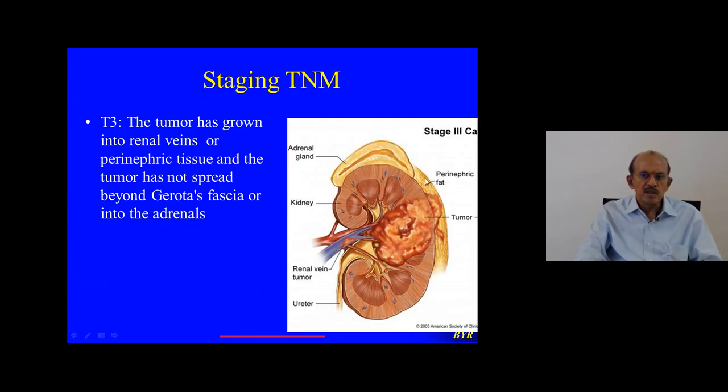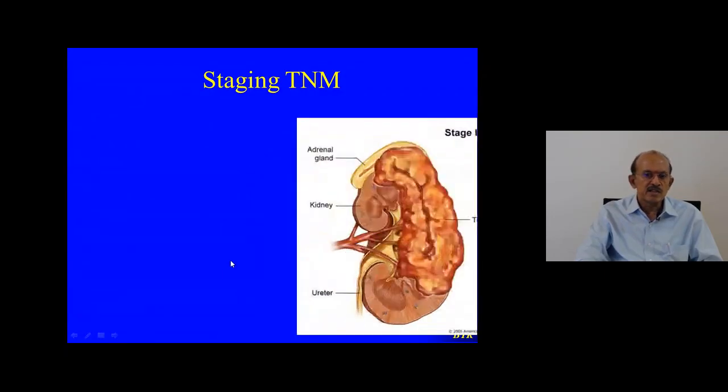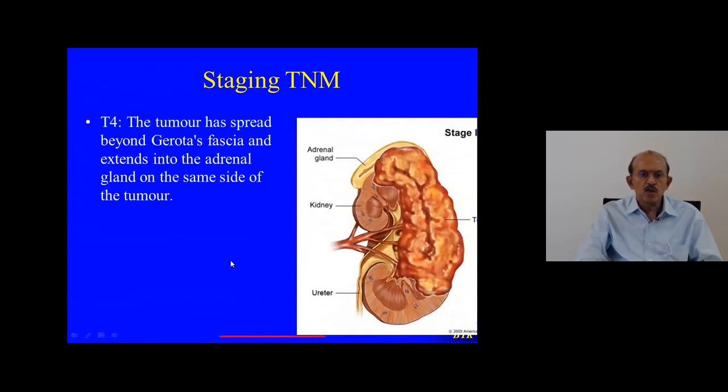So it is within Gerota's fascia, but invaded into the perinephric fat, or it is associated with tumor thrombus in the renal vein. This is T3 stage. Then T4 stage, the tumor has spread beyond Gerota's fascia and extends into the adrenal gland on the same side of the tumor.